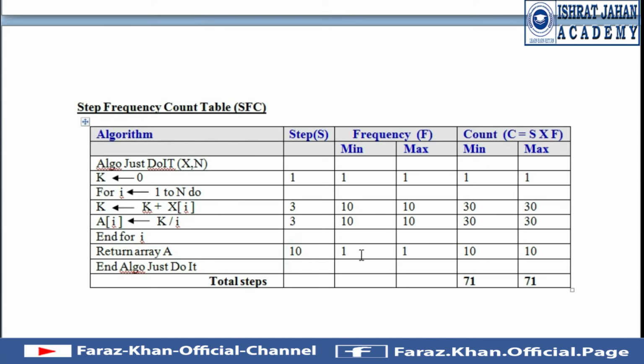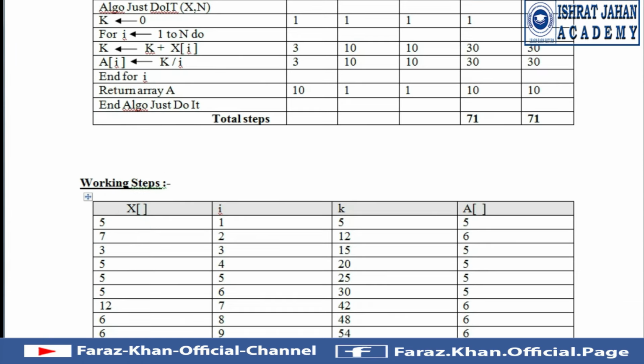So one, it will print one element in minimum and one element in maximum, 10 multiplied by 1, 10, 10. Now when I count that, 1 plus 30, 31 plus 30, 61 plus 10, 71. Right? So it's an analysis of that table.